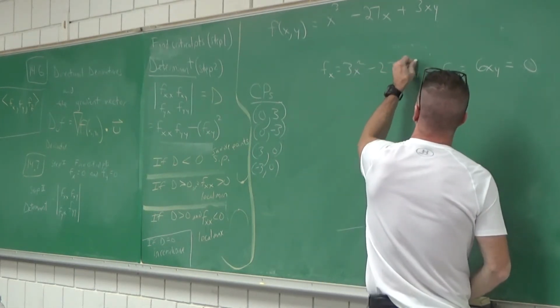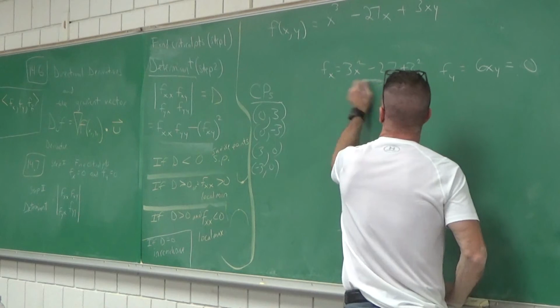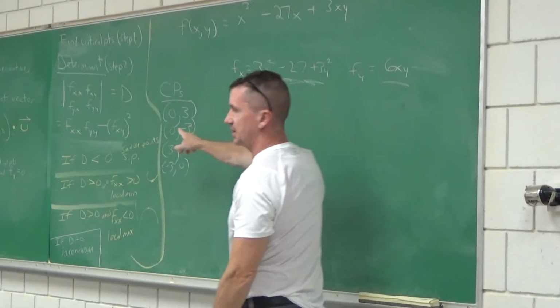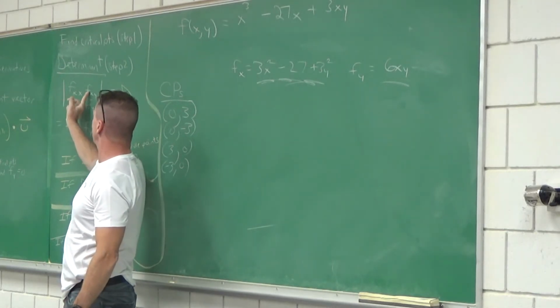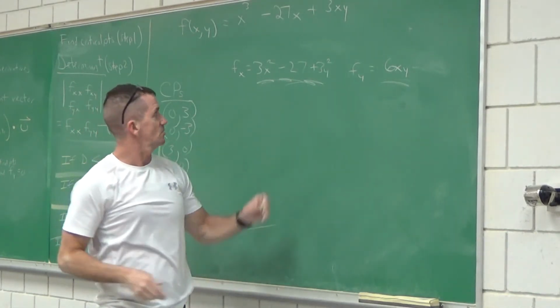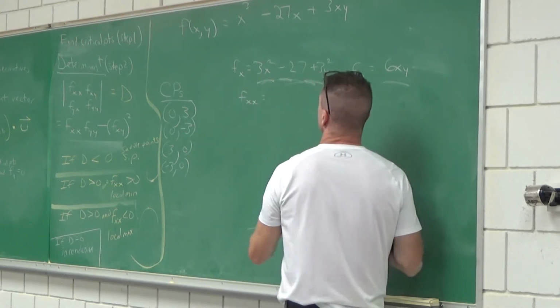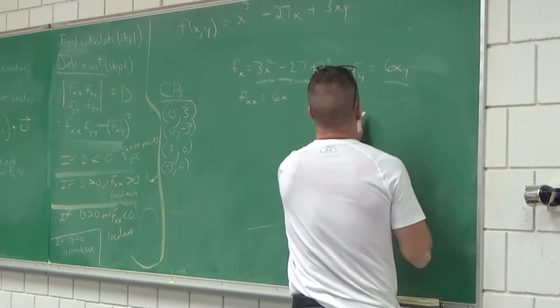In order to do this determinant, I need fxx, fxy, and fyy. So what's fxx? 6x. What's fyy?